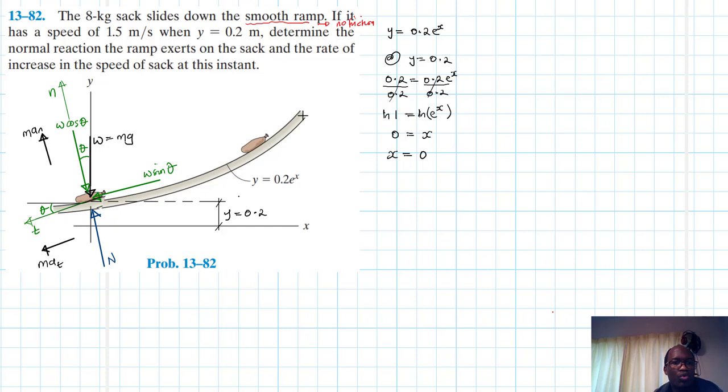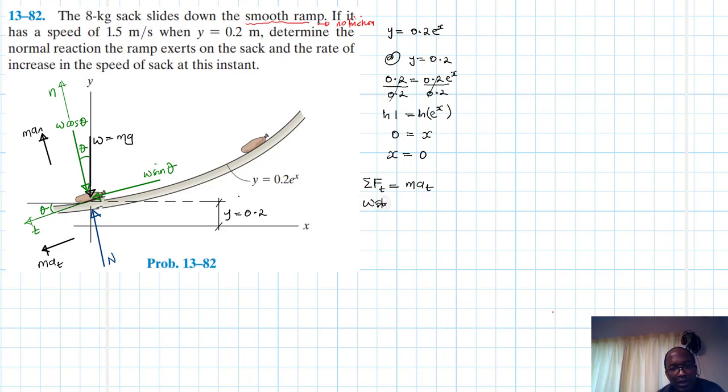We can go ahead to determine the normal reaction the ramp exerts on the sack, and the rate of increase, which is the acceleration. So let me start with t. I'll apply the equations of motion. Summation of forces along the t axis is equal to m a_t. What do we have there?